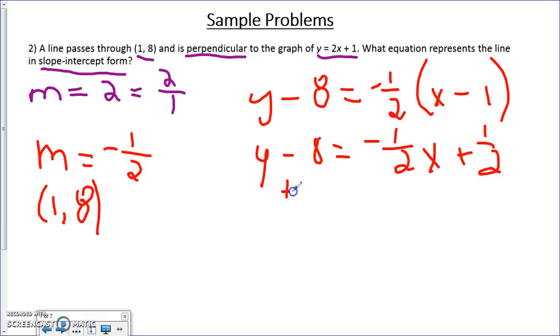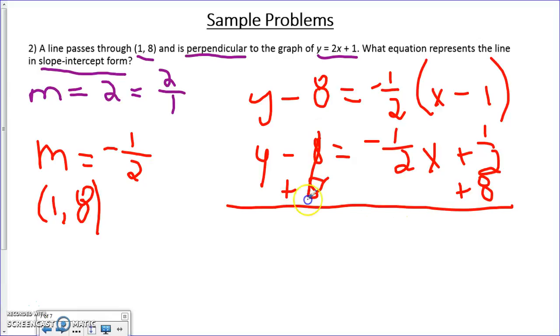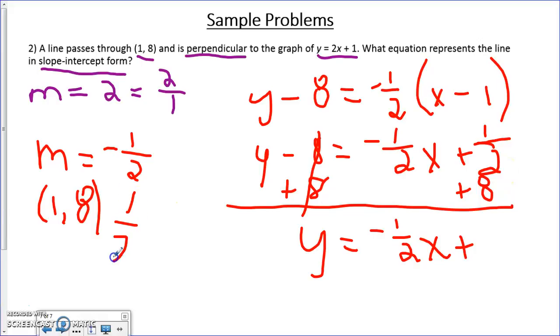And then we're going to add 8 to both sides, and we're going to have y equals -1/2 x plus 1/2 plus 8. You can change that into 1/2 plus 16 over 2, which would equal 17 over 2.